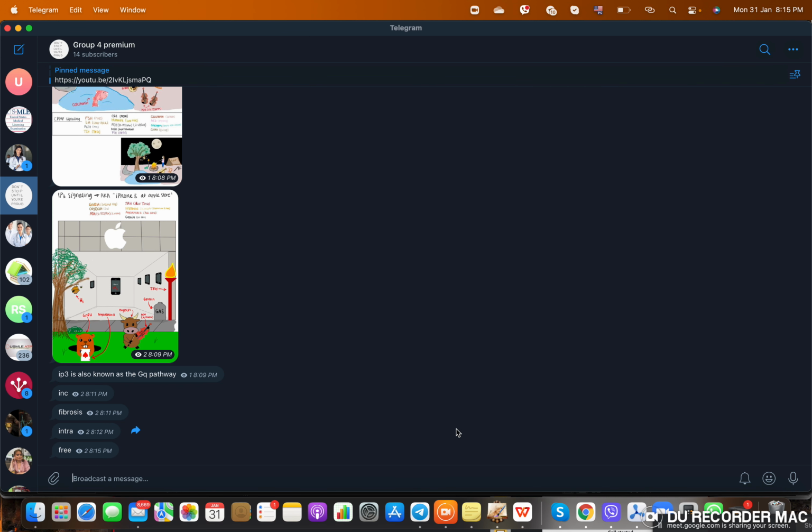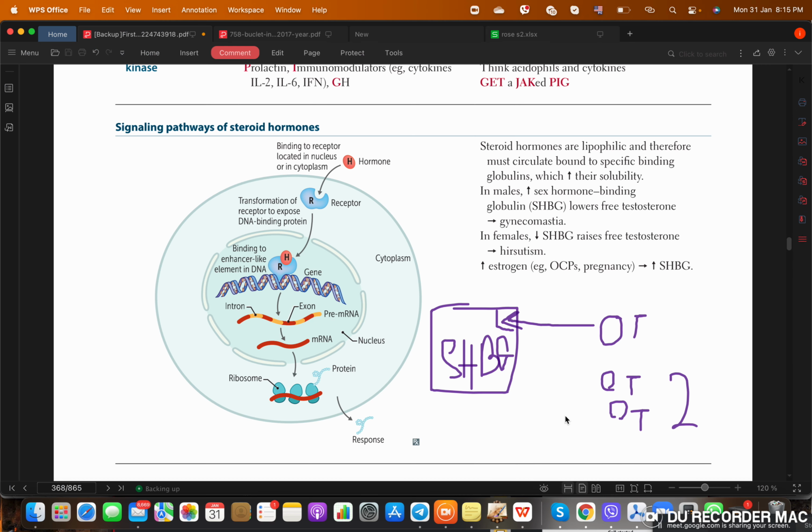Absolutely, it's the free one. The free one is active. So if you have 2 sex hormone binding globulins, the other one is going to bind. So the more sex hormone binding globulin you have, the less free testosterone you are going to get. And because it's the functional one, it basically means lack of testosterone, which is going to lead to gynecomastia.